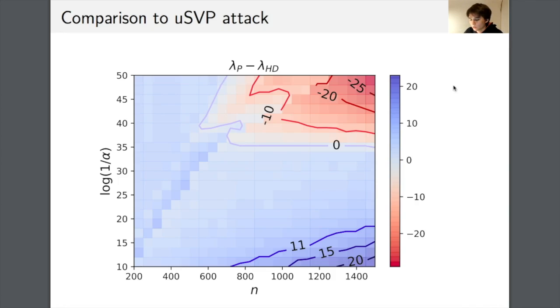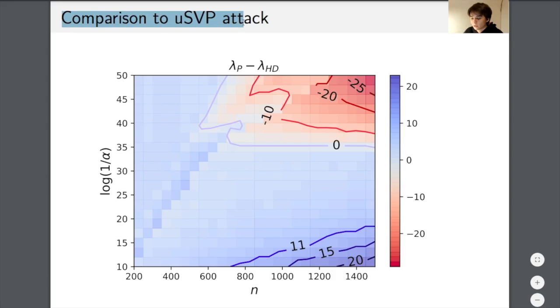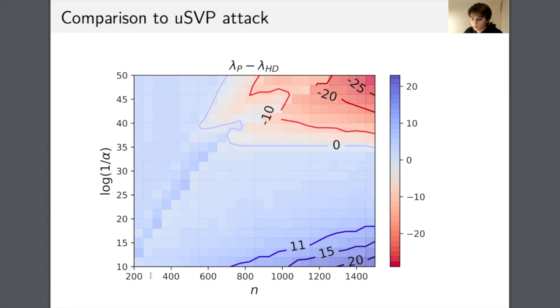So it would be interesting to compare our hybrid attack and unique SVP attack on a wider range of parameters. This picture presents a comparison for the LWE parameters of dimensions from 200 to 1500 and of noise parameter ranging from 2 to the minus 10 to 2 to the minus 50.